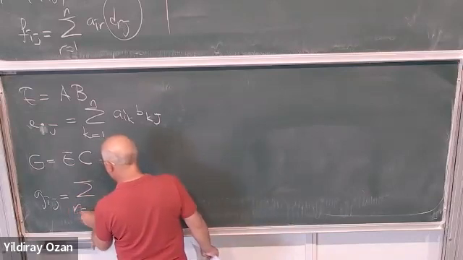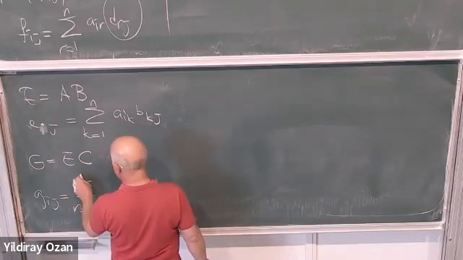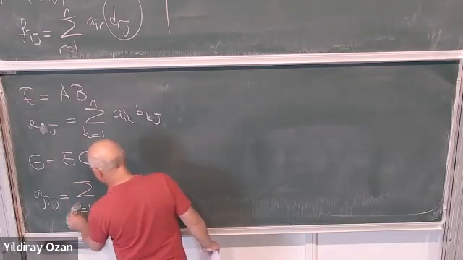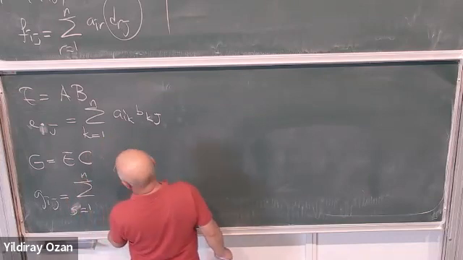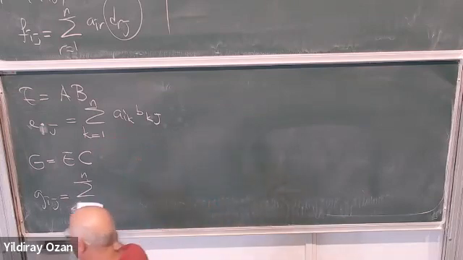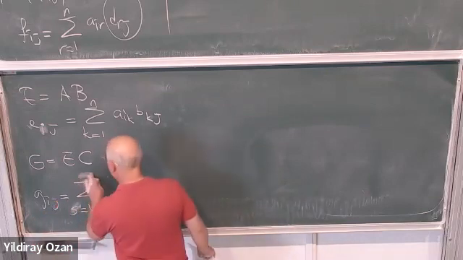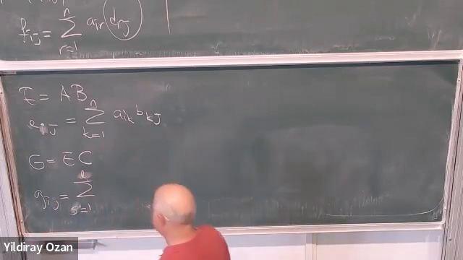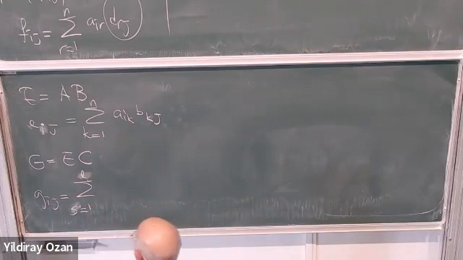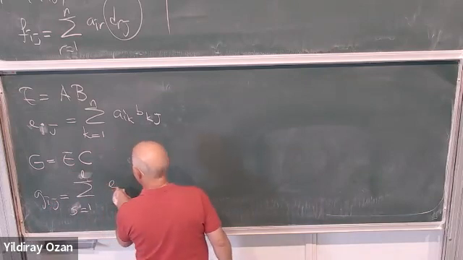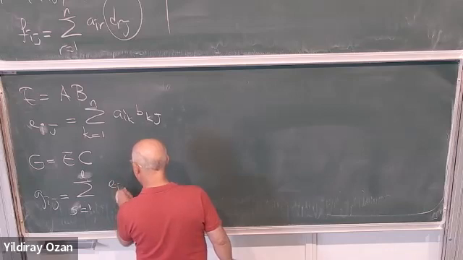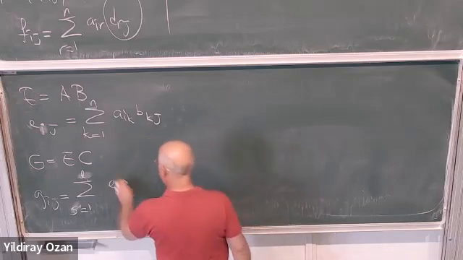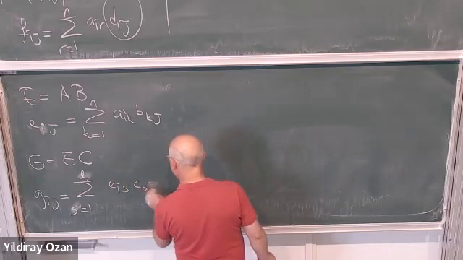Summation over S from 1 up to... E and J, J L. So it should be up to L. S from 1 up to L, E I S, and then C S J, right?